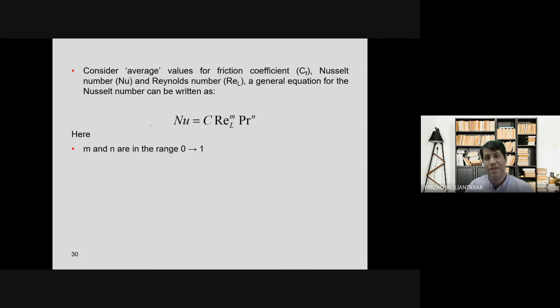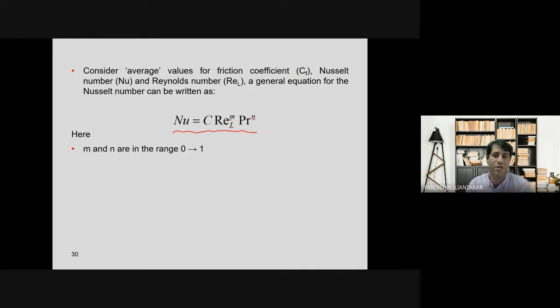Finally, based on this information, we can write a general equation based on the Nusselt number, friction coefficient, Reynolds number, and Prandtl number for all the conditions which we have, which depends on the geometry, and on the values of Reynolds number and Prandtl number, which determine how much should be M or N. Later you will see we have a table for that.